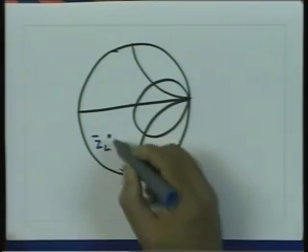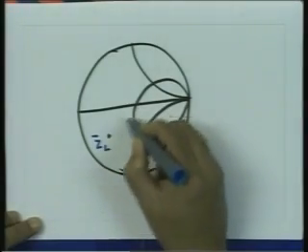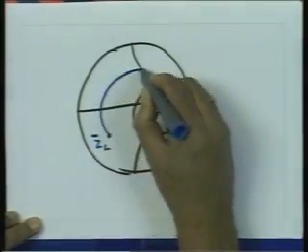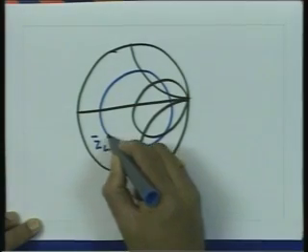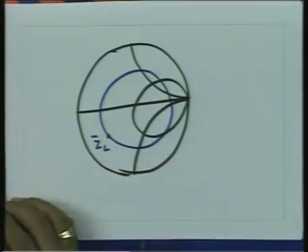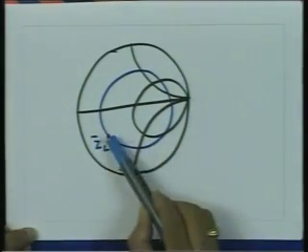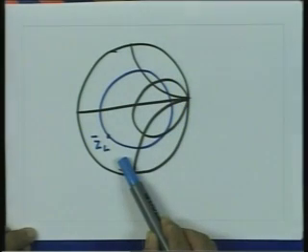As routine, we draw the constant VSWR circle passing through this. So, we get a circle which is this. Now, as I move on the transmission line, I move on this circle.